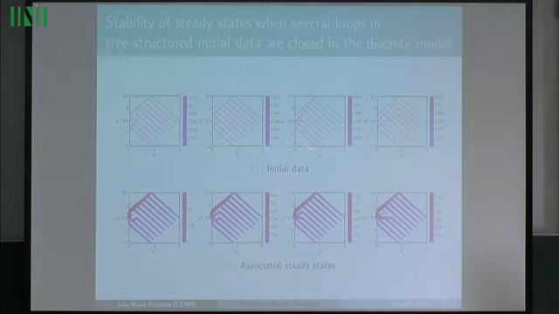The initial conditions are rather similar, but still we get different associated steady states. This shows that our energy functional constrained by this linear system in the discrete case has a large number of local minima, so we can't guarantee the uniqueness of minima.